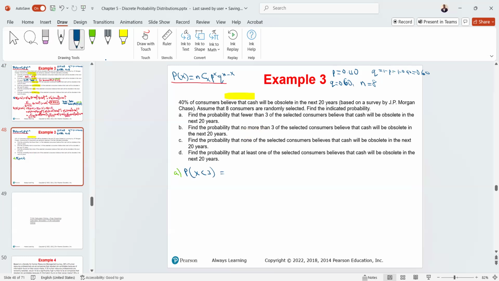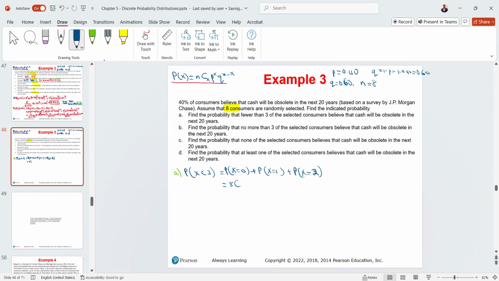That means the probability that X equals 0, plus the probability that X equals 1, plus the probability that X equals 2. And for us here, N is 8, remember.